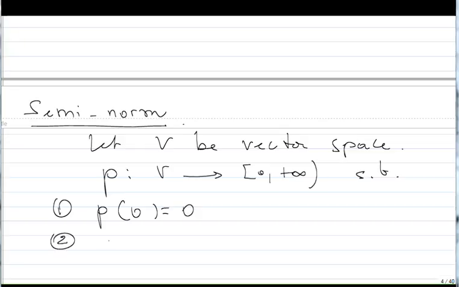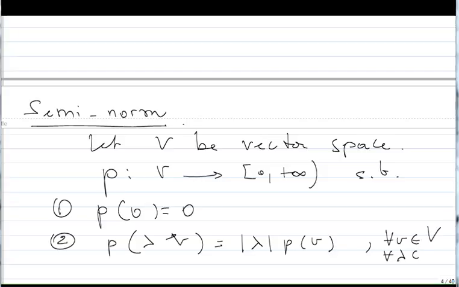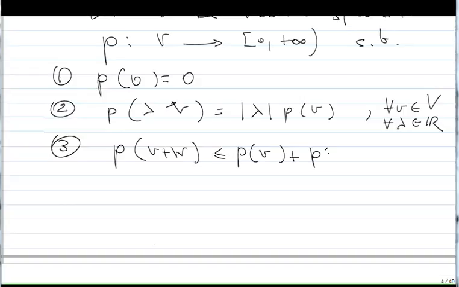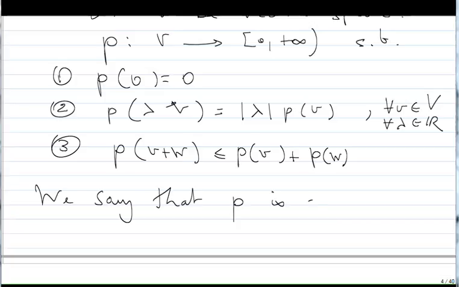Number two, P(λv) is equal to the absolute value of λ times P(v), for every v in V and every λ in R. And finally, number three, the triangle inequality: P(v + w) is less than or equal to P(v) + P(w). So we say that P is a seminorm defined on V.